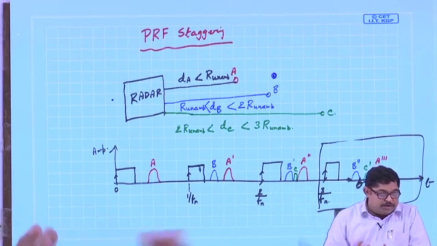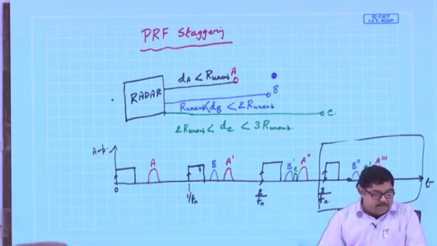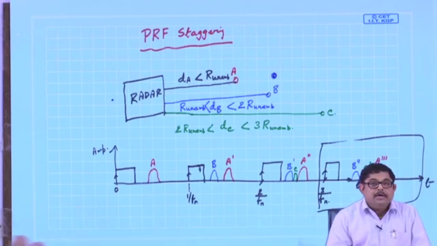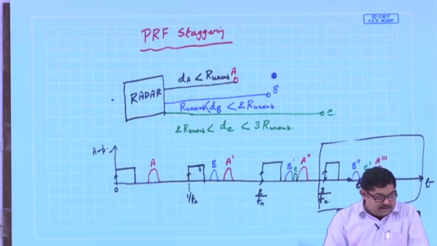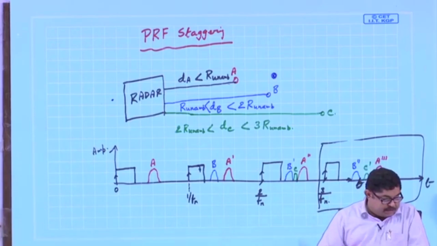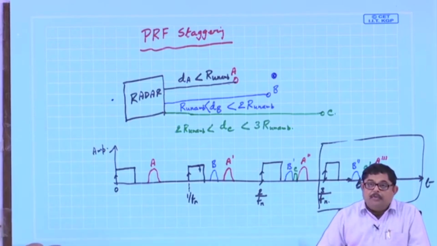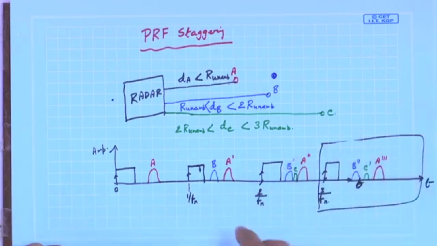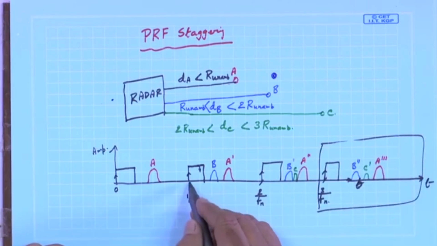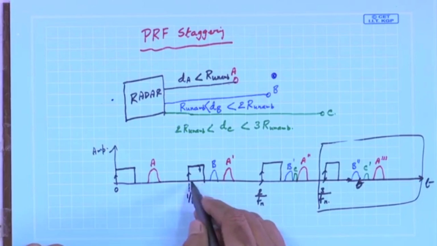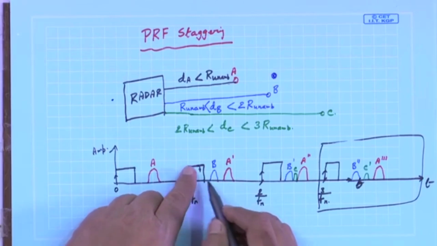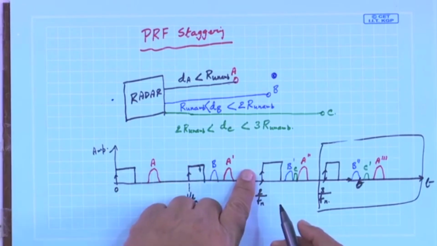So, to distinguish multiple time around echoes from unambiguous echoes, the PRF is varied; that is called PRF staggering. Now, what will happen if I change the PRF? These positions are changed. Suppose instead of sending this pulse here, it will be sent here.